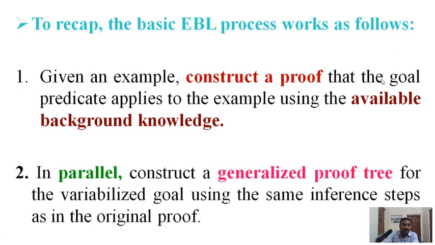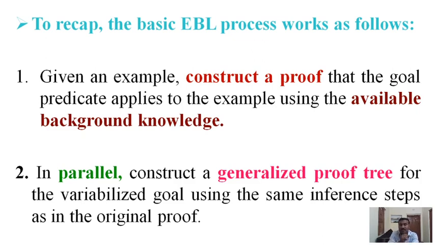Then the second point: in parallel, construct a generalized proof tree for the variabilized goal using the same inference steps as in the original proof. So when constructing the proof, you also construct the proof tree in parallel.